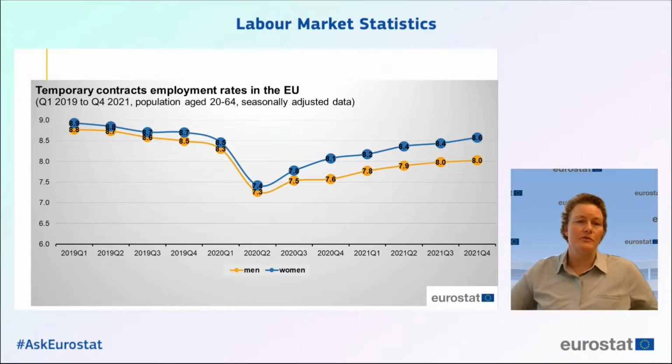These were the people who could easily be, well, not fired because their contracts probably ended. They were just not rehired, so they weren't given a new contract. So the drop here was 1.1 percentage points for women and 1 percentage point for men, and that's a half or more than a half of the overall drop in the employment rate. So this group took a massive hit, clearly.